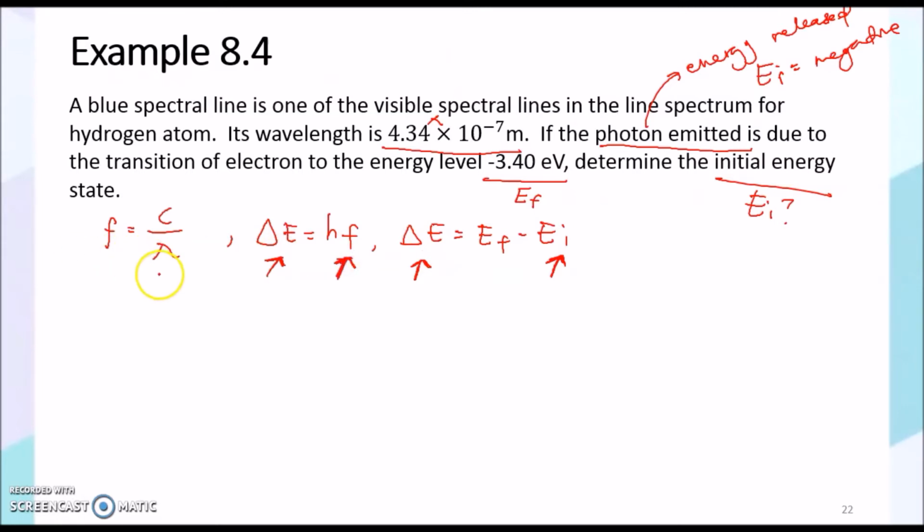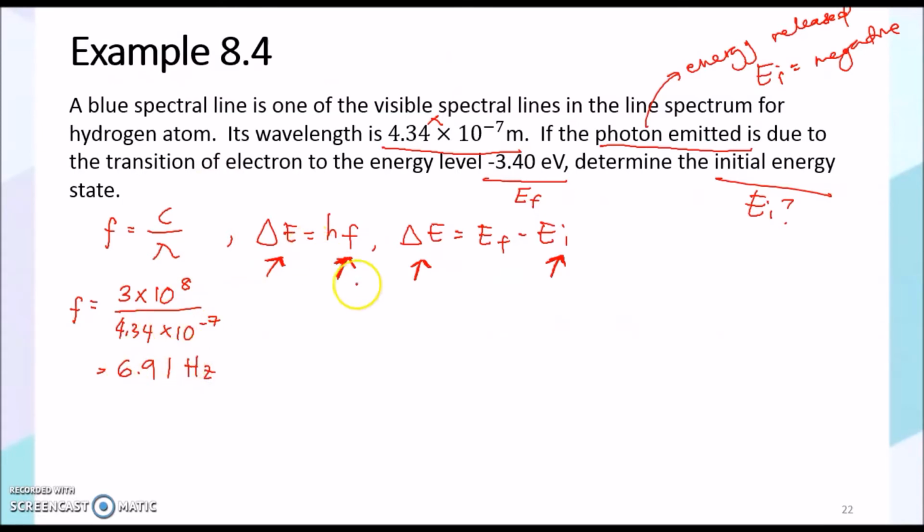How to get the frequency? By substituting the speed of light and also wavelength given in the equation. Frequency equal to speed of light 3 times 10 to the power of 8 divide with the wavelength 4.34 times 10 to the power of negative 7. The frequency will be 6.91 times 10 to the power of 14 Hertz.